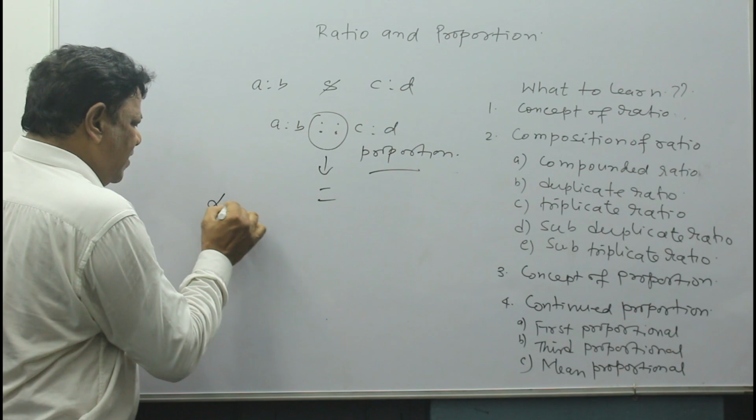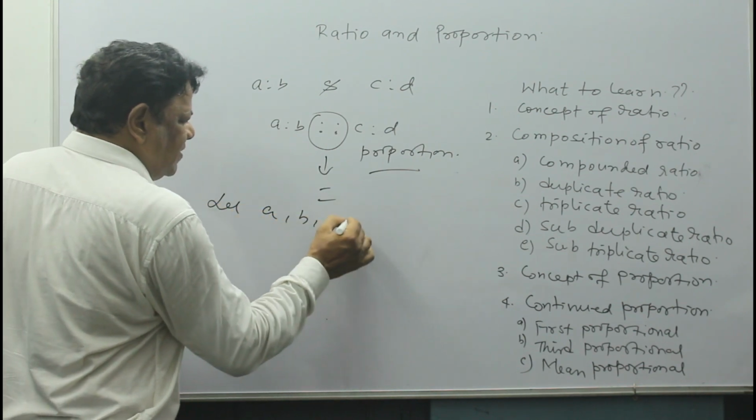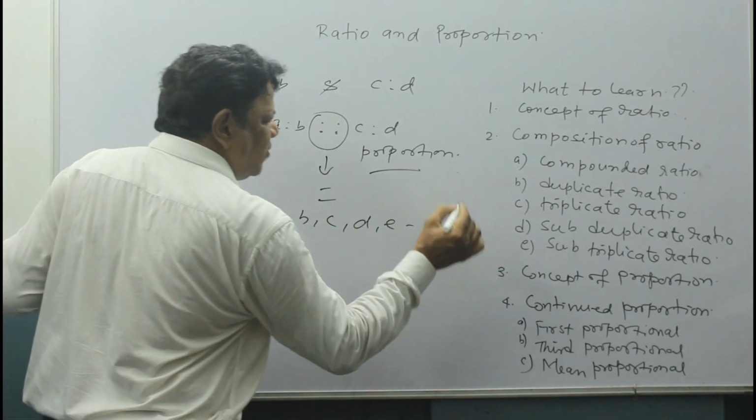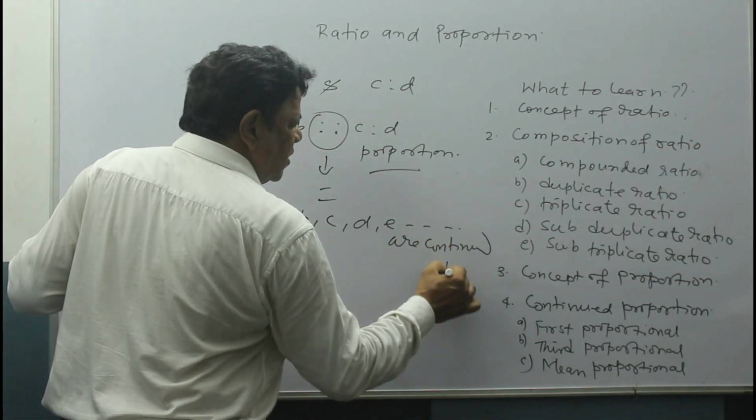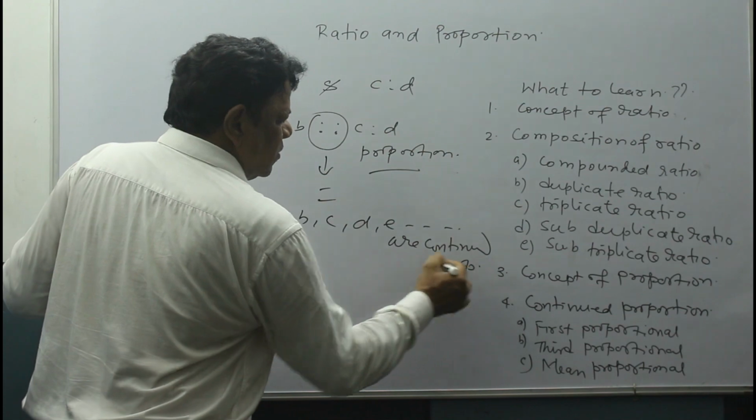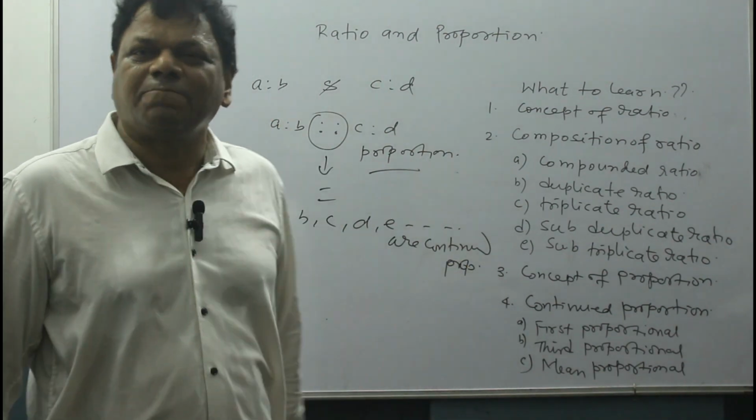Let A, B, C, D, E be in continued proportion. Where is it continued proportion?